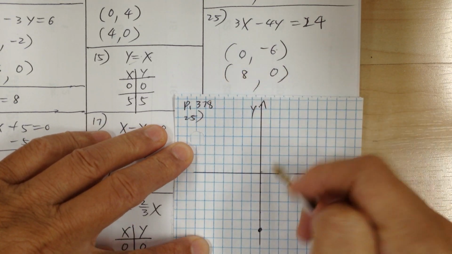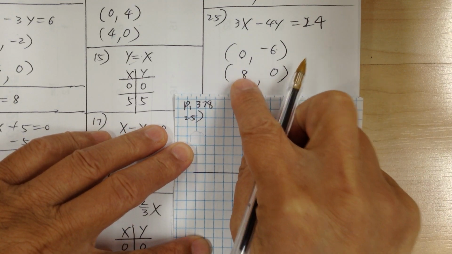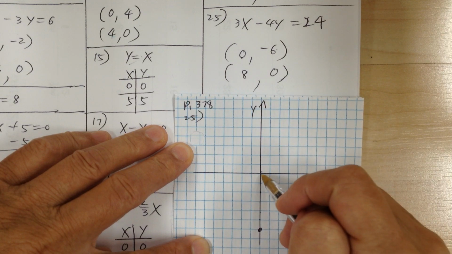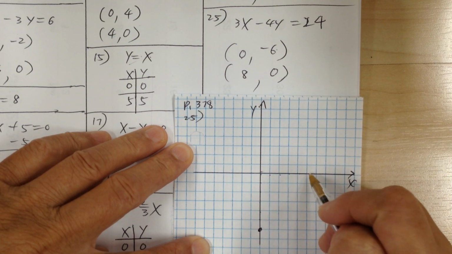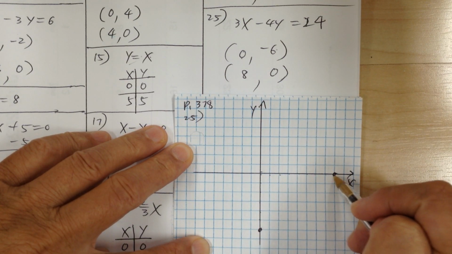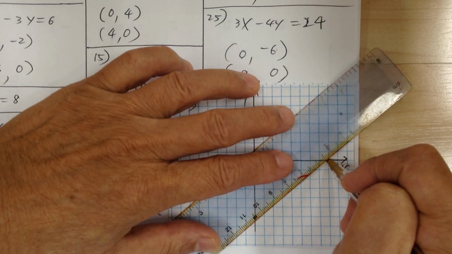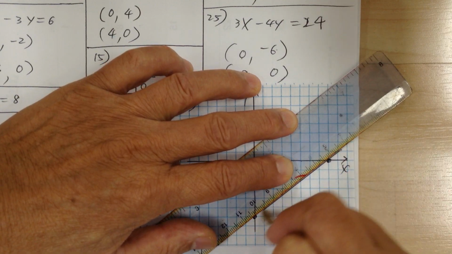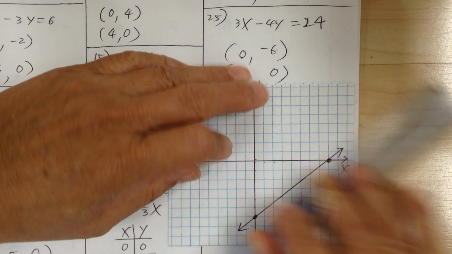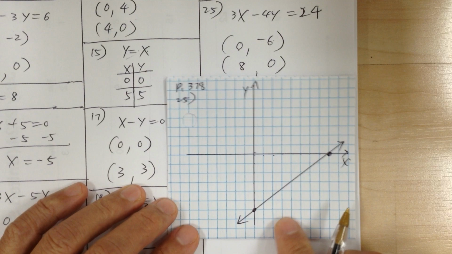Then you got 8, 0. Here, this is the x, right? Remember, it's x, y, is alphabetical, right? So start from here, you go 1, 2, 3, 4, 5, 6, 7, 8, right over here. Then go and graph this. And so this is the graph for number 25.